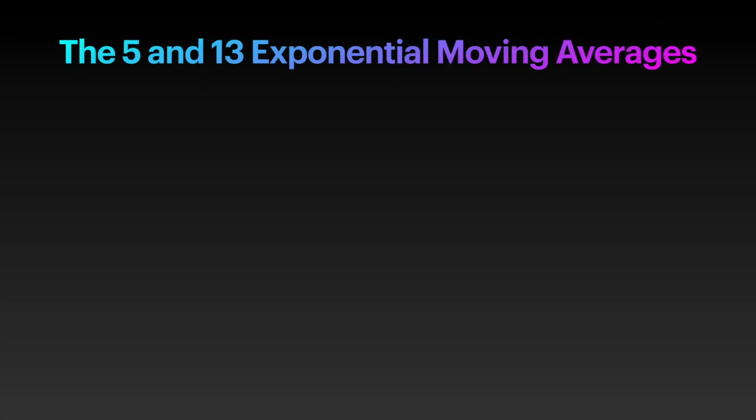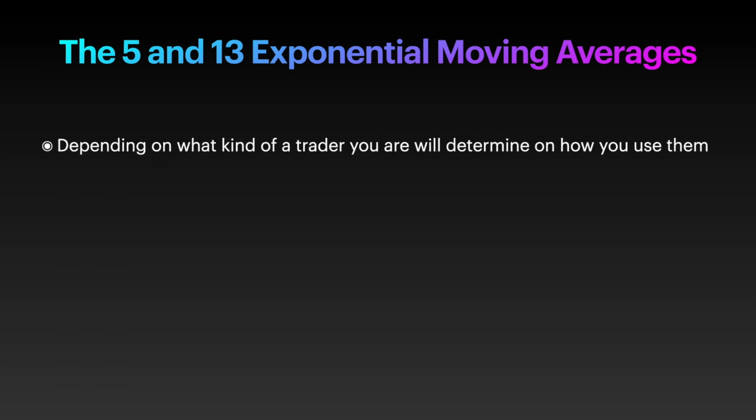Alright guys, so what we're going to do is break down for you the 5 and 13 exponential moving averages. Now, with these two specific EMAs, depending on what kind of trader you are will determine how you actually use them.